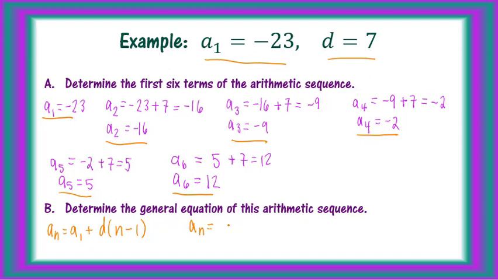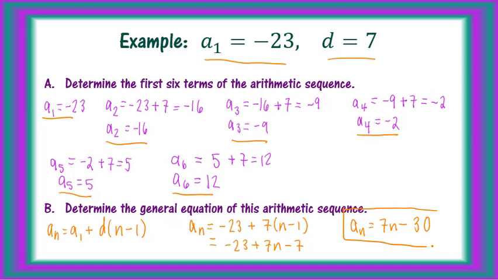A sub n equals negative 23 plus 7 times the quantity of n minus 1, negative 23 plus 7n minus 7, which gives me a sub n equals 7n minus 30 as our general equation for this particular example. If you want to check, you can do as we did with the two previous examples just to ensure that you have the correct general equation for this particular arithmetic sequence.